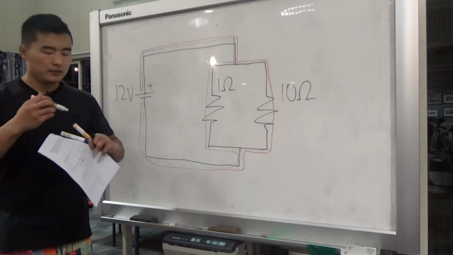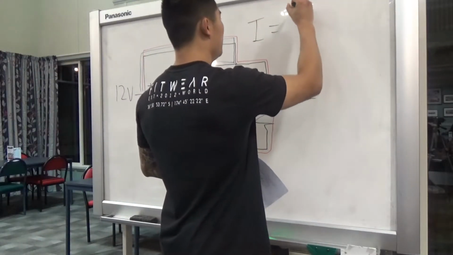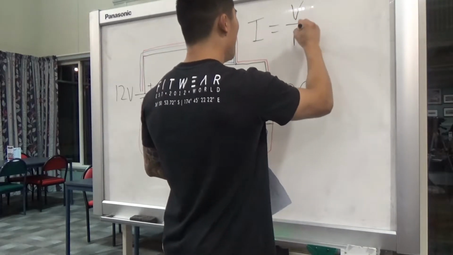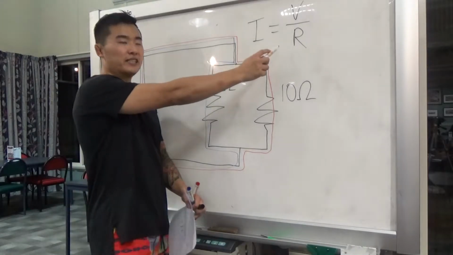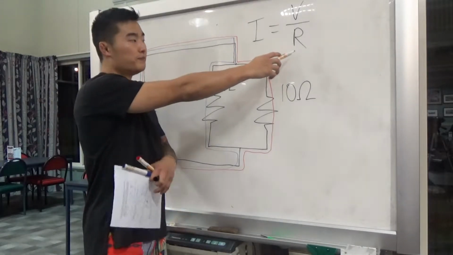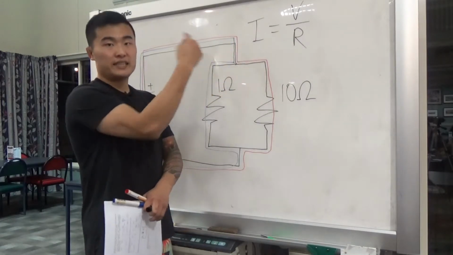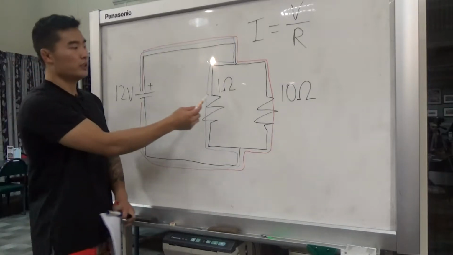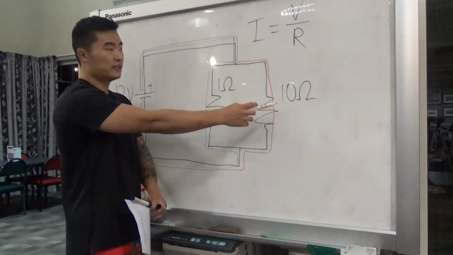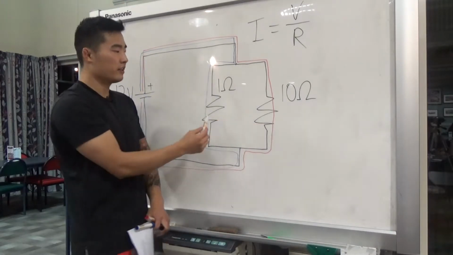So your current, I, is equal to V over R. What that means is that it's inversely proportional to the resistance. If you doubled your resistance, your current would decrease by a factor of 2, or it would halve. So here we have 10 times the resistance, so the current through here will be 1/10 of the current through here.